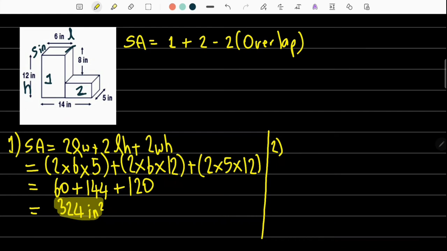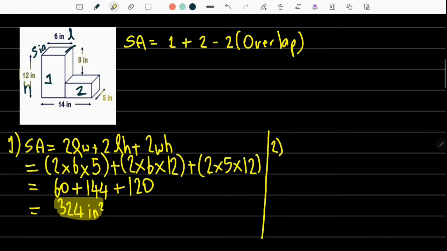For figure number two, let's see how much our height is. We know that our width is 5. Now let's find our height. The total height right here is 12, and we see that this height is 8.